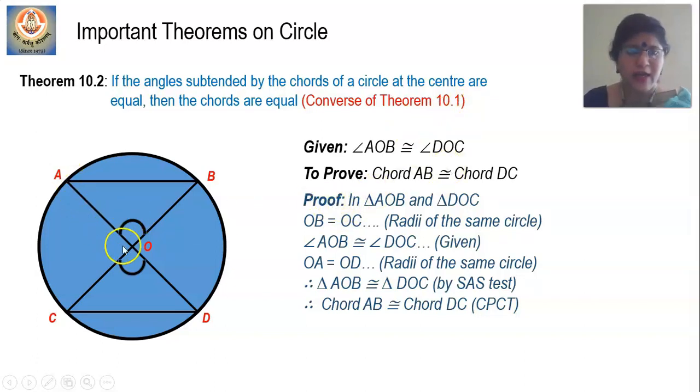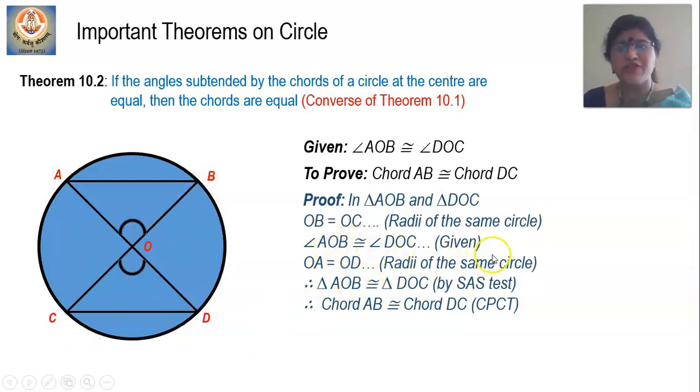In triangle AOB and triangle DOC, it is mentioned that OB and OC are equal to each other because they are the radii of the same circle. So you have to write the reason next to that. According to the statement, we know that angle AOB and angle DOC both are congruent.